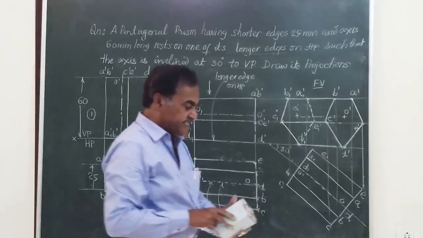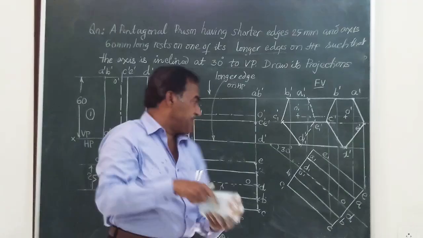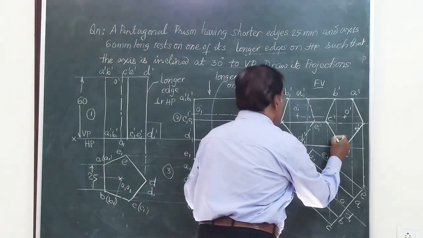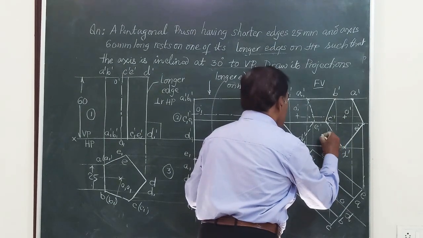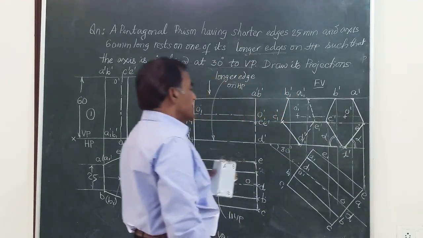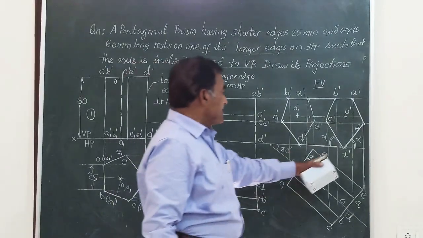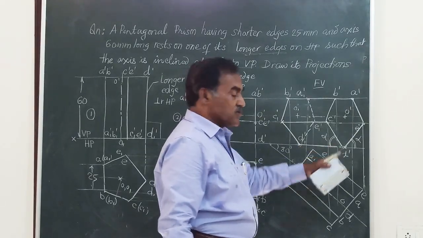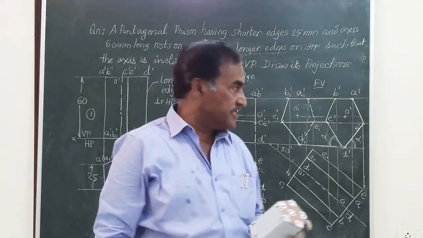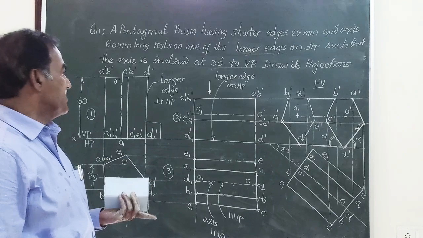This is the longer edge DD1, so they will be making equal inclination with the HP. I will represent this as alpha. Sometimes they also specify in the problem: draw the projections of the solid when the two rectangular faces contained by that longer edge on which the object is resting are equally inclined to the HP.